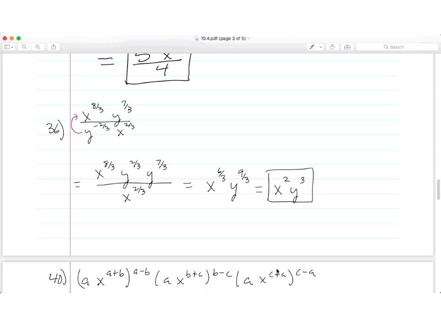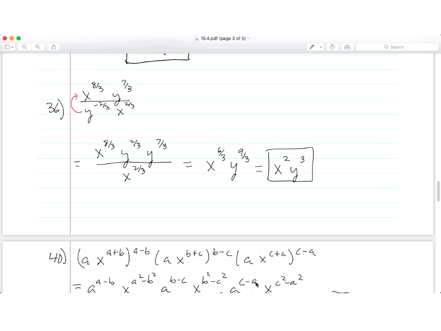40. a to the power a plus b, a minus b, a to the power b plus c, b minus c, a to the power c plus a, c minus a.